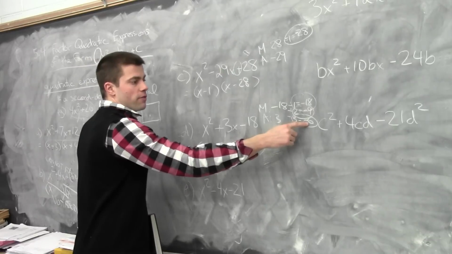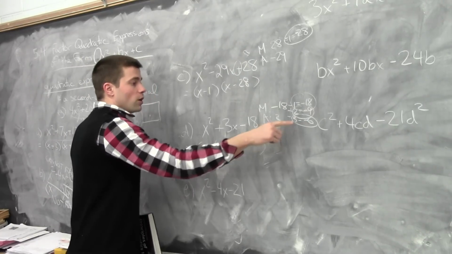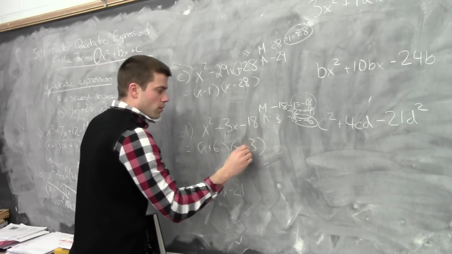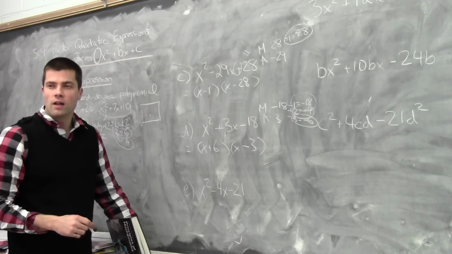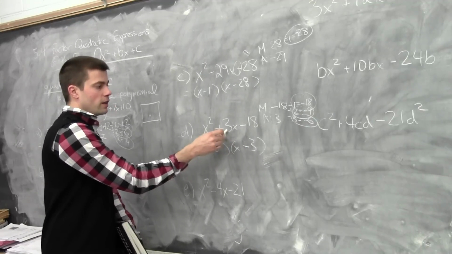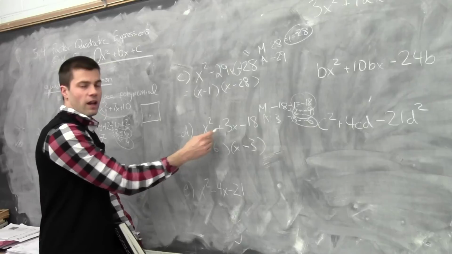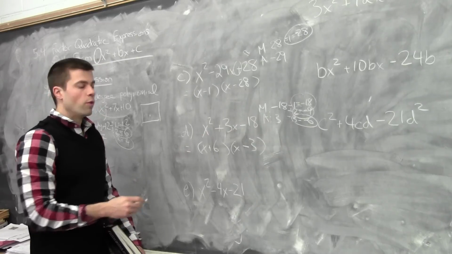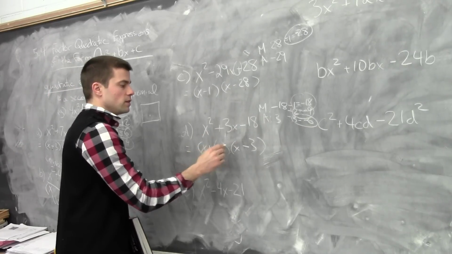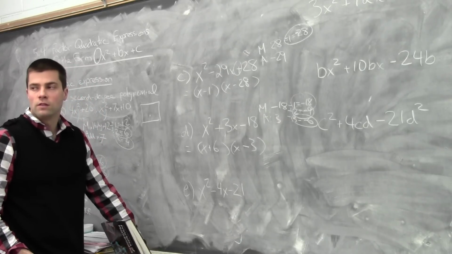So I want to have this sign be positive 6, and I want this sign to be negative, minus 3. You guys see that? Because now when I add these two, I get this value. If I had the signs reversed, then I would get negative 3. I don't want that. But when I multiply these two, 6 times negative 3, I still get negative 18, which is what I want.